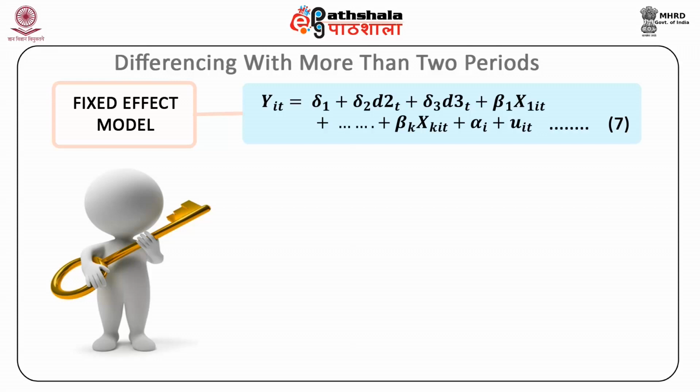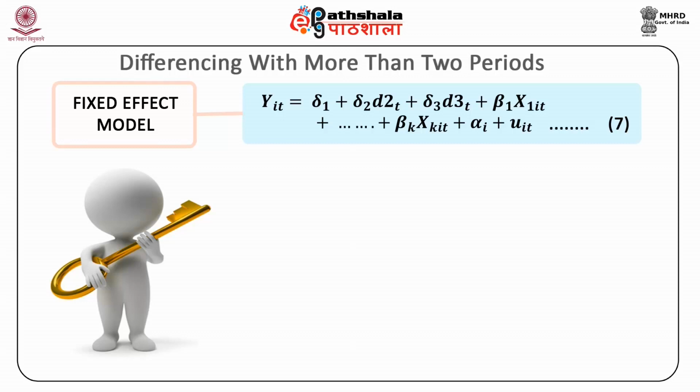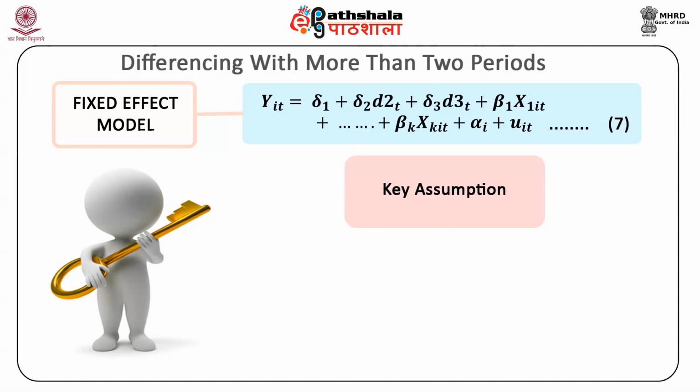If the unobserved effect alpha i is correlated with any of the explanatory variables, then using pooled OLS on the 3 years of data results in biased and inconsistent estimators. The key assumption here is that the idiosyncratic errors are uncorrelated with the explanatory variable in each time period.